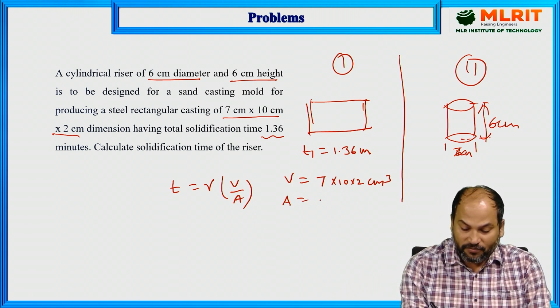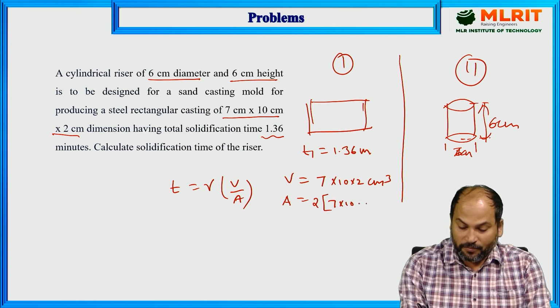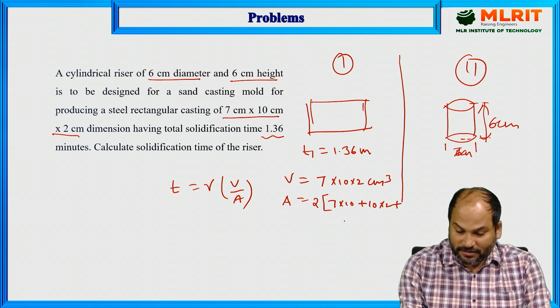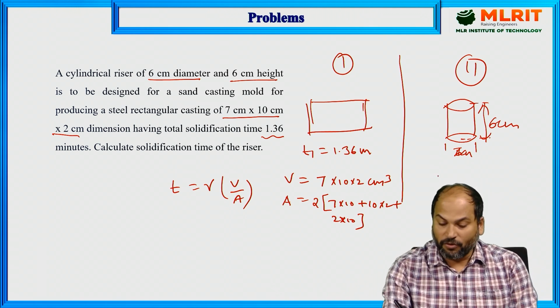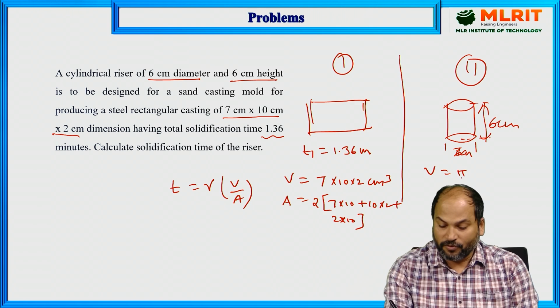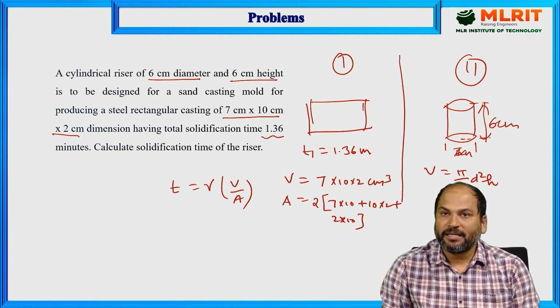A is equal to twice, 7 into 10 plus 10 into 2 plus 2 into 7. So the surface area is also known. What will be the volume of this cylinder? It will be simply pi upon 4 times the square of the diameter, and then the height: pi by 4 d square h.